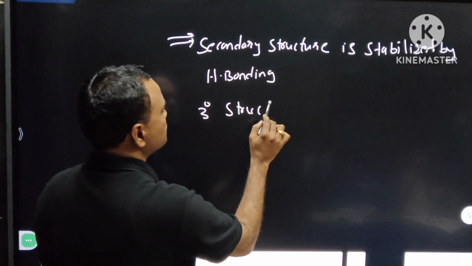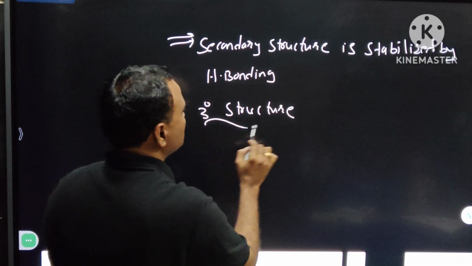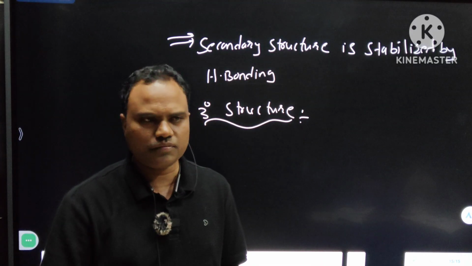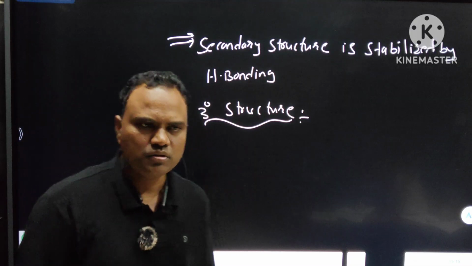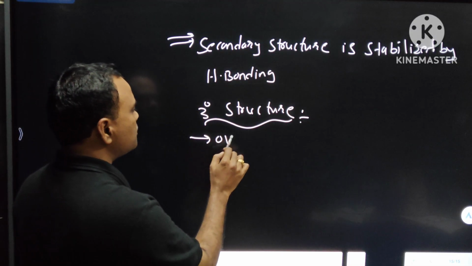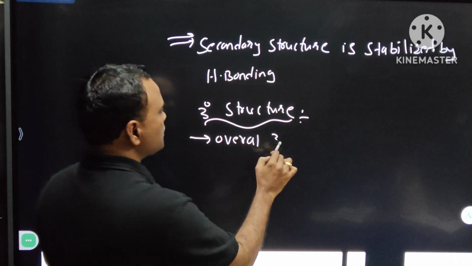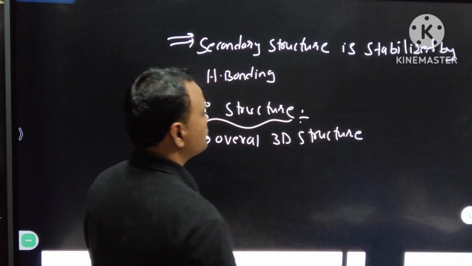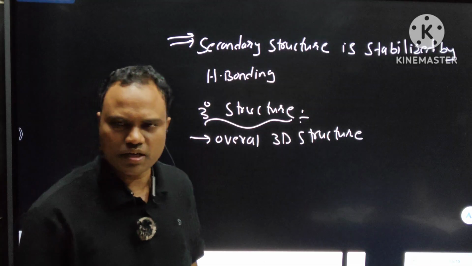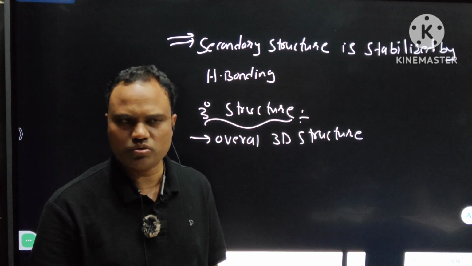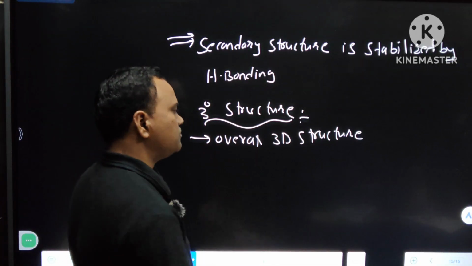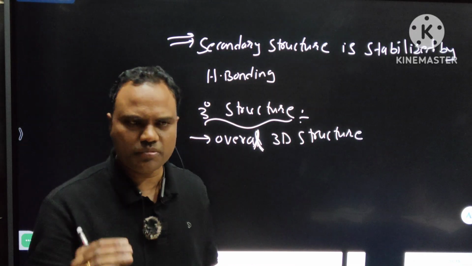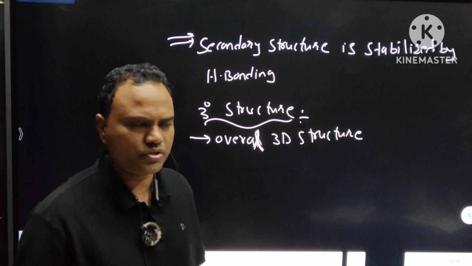Tertiary structure: I'm not giving more information. It is the overall three-dimensional structure of the protein. We can write it simply: overall 3D structure, because the information is very vast and we would have to spend more time for clarity. For chemistry, basic information is sufficient.